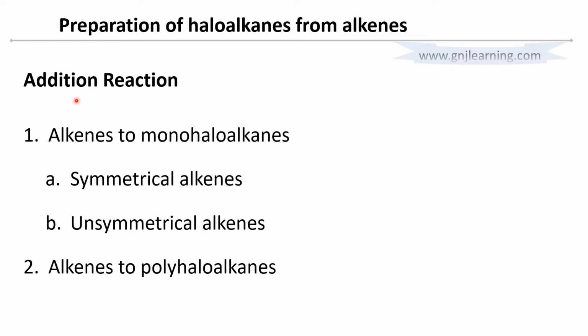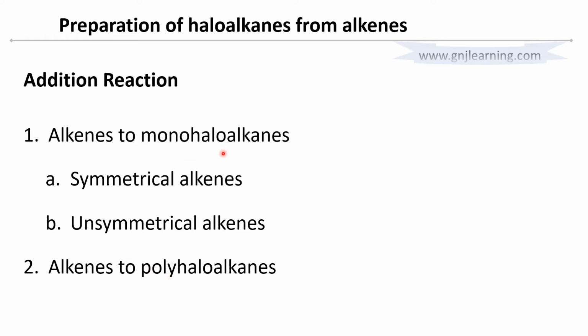So you can generally classify this type of reactions into two. The first one is alkenes converted to monohaloalkanes, and the next one is alkenes into polyhaloalkanes. So what is the difference between mono and poly? We have already seen.